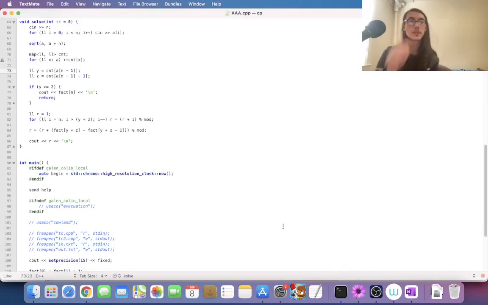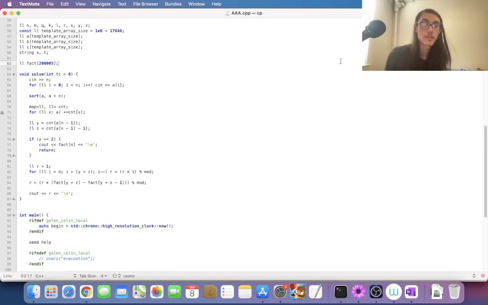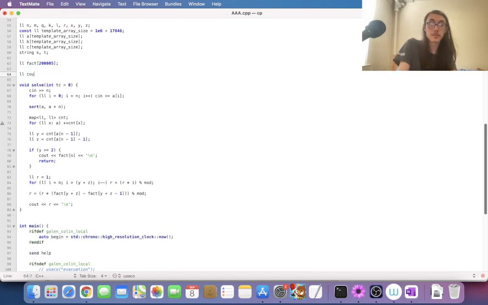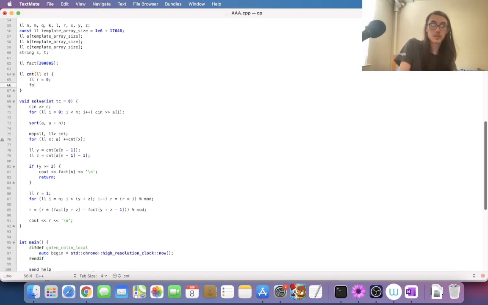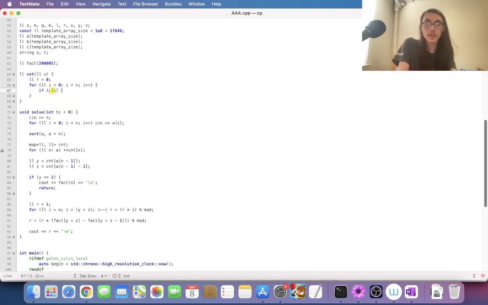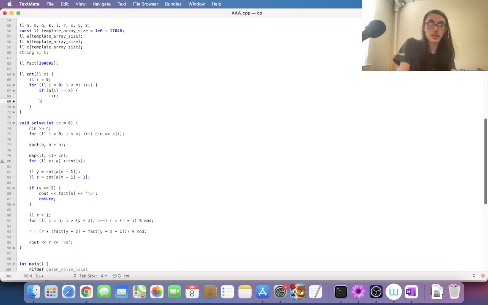To find the infinite loop, where it's the map, I'm going to test out the map theory first. I'm just going to naively count the elements. a[i] is equal to x plus r.